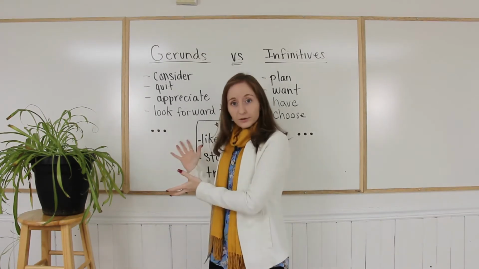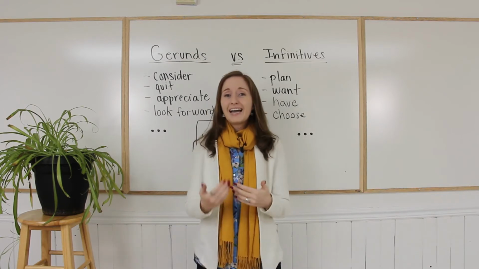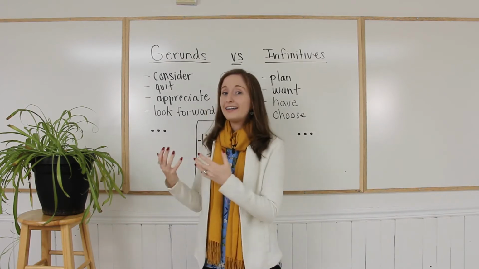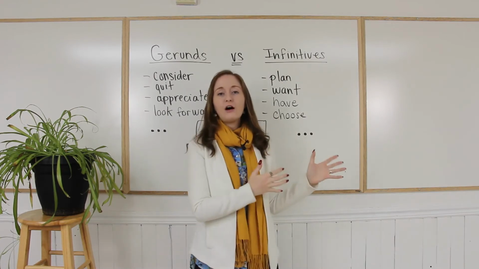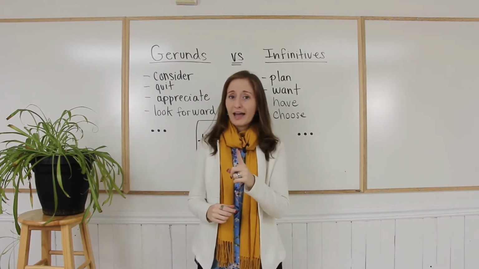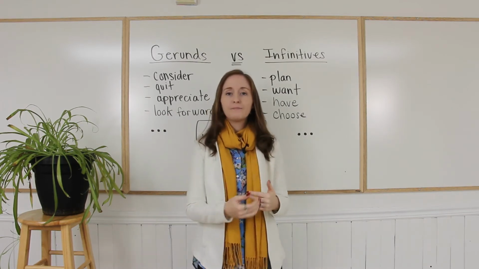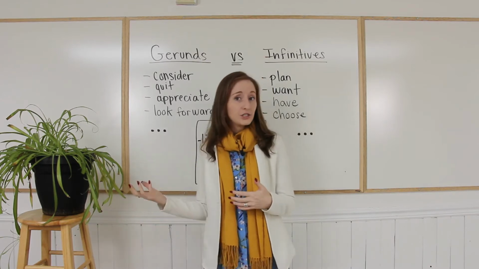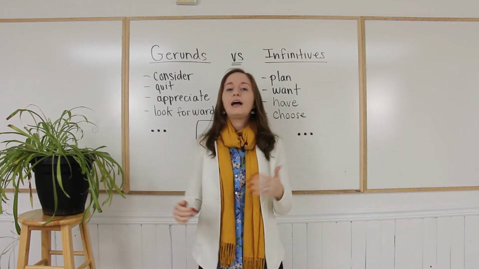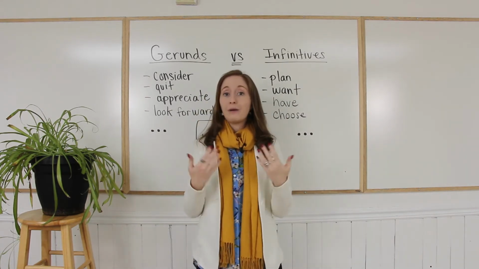So gerunds typically in English represent a hobby, a repeated action, and gerunds are nouns. In the opposite, infinitives often represent a one-time action, typically, that does not necessarily repeat. So gerunds, activities, hobbies, pastimes, passions, or things that repeat, and infinitives, a one-time action, a one-time idea.